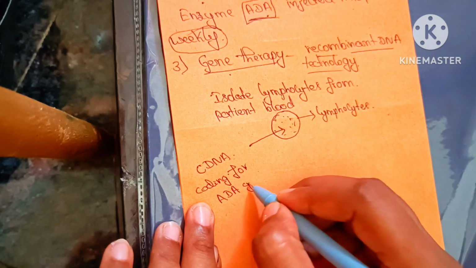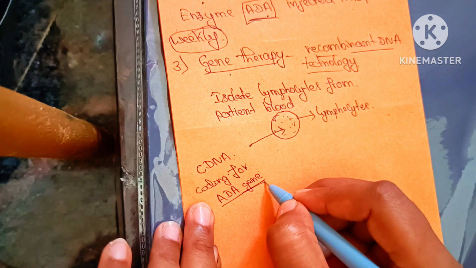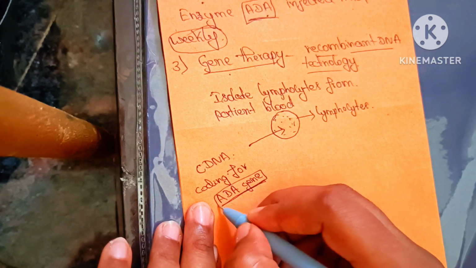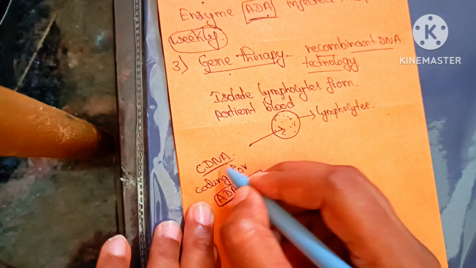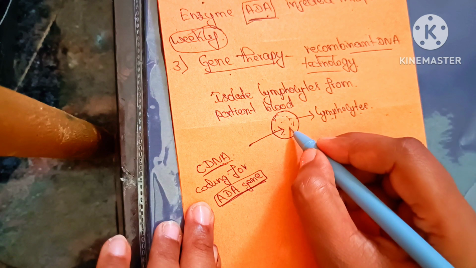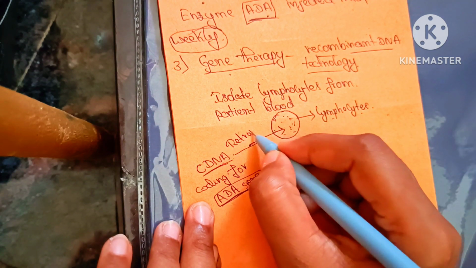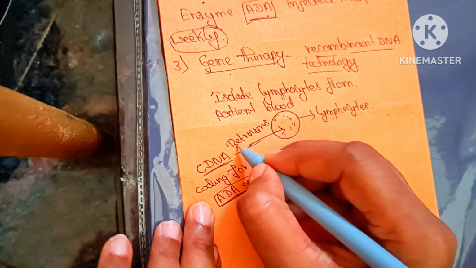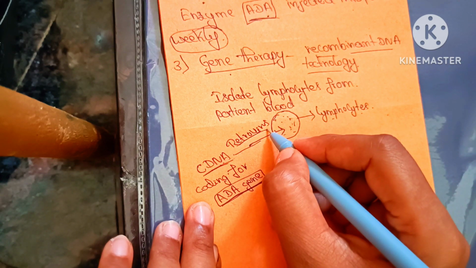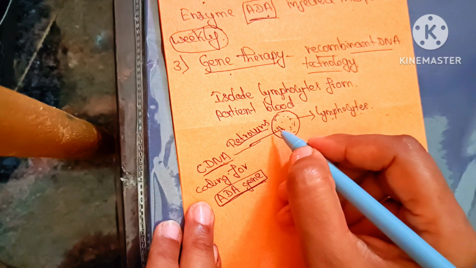So the ADA gene is isolated, and that ADA gene's cDNA is introduced into the lymphocytes which are growing in a medium using a vector. Normally a retrovirus is used as a vector. We studied in the first lesson that retroviruses are the normal vectors used for transfer of genes into animal cells.